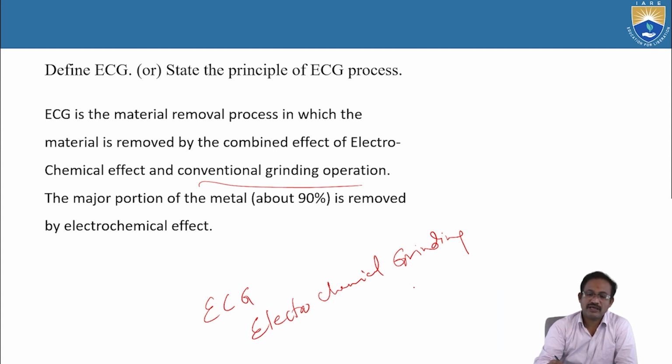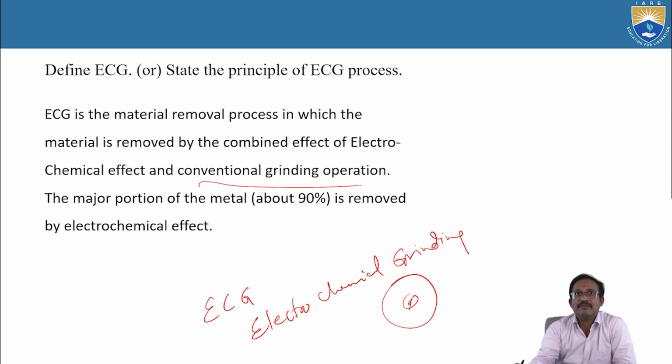Here the grinding tool will be the cathode, and it will act as the conventional grinding tool and be affected by the electrochemical effect. So it has the combined effect of the electrochemical effect and the conventional grinding operation.